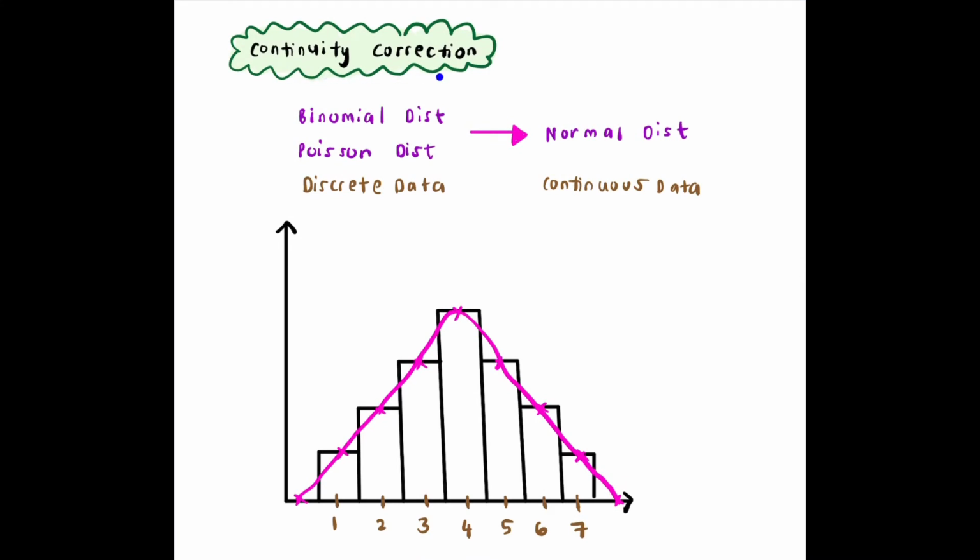So this is the first step when you are using normal approximation from binomial and Poisson. Okay, let's illustrate the bar graph as the discrete data 1, 2, 3, 4, 5, 6, 7, and the pink color graph here, let's say this is your continuous data.